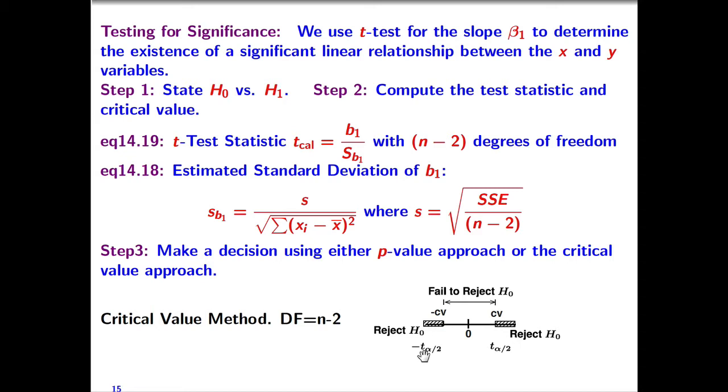Our rejection region is on both tails. That is, we reject H0 if the test statistic is more than your critical value on the right, or your test statistic is less than your critical value on the left. And if it's in between, we fail to reject H0.